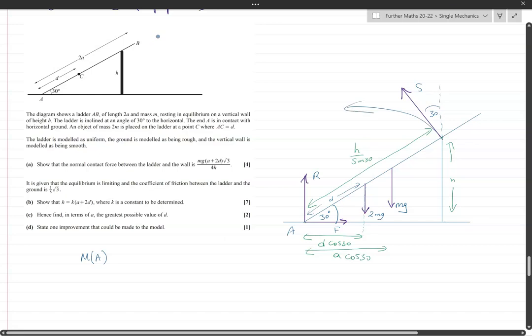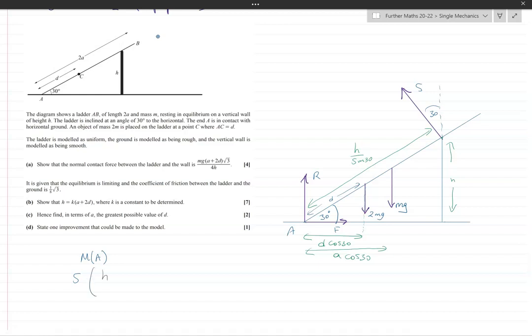First of all, this one here is going anti-clockwise, so that's S times h over sine 30.